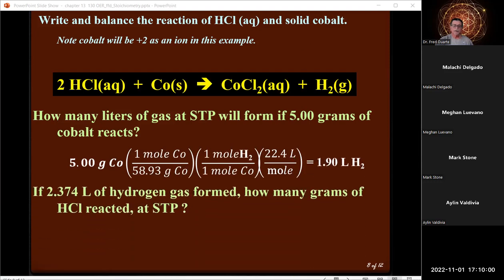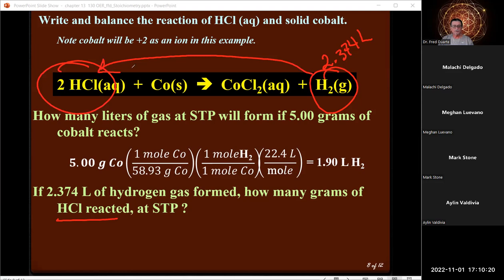Now here it's asking you, if 2.374 liters of hydrogen gas is formed, how many grams of hydrogen chloride, HCl, were reacted? So what we're concerned about is simply the relationship between HCl and the hydrogen gas.